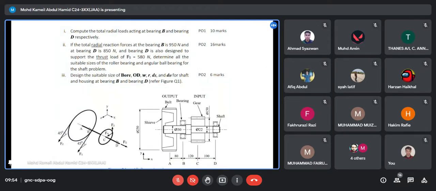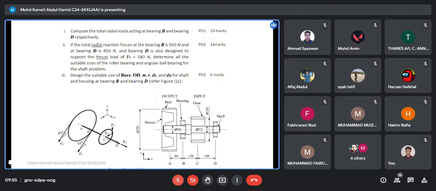The total radial reaction force at bearing B is 950 Newton and at bearing D is 850 Newton. Bearing D is also designed to support the thrust load of F5, 580 Newton. Determine all the suitable sizes of the roller bearing and angular ball bearing for the shaft problem.